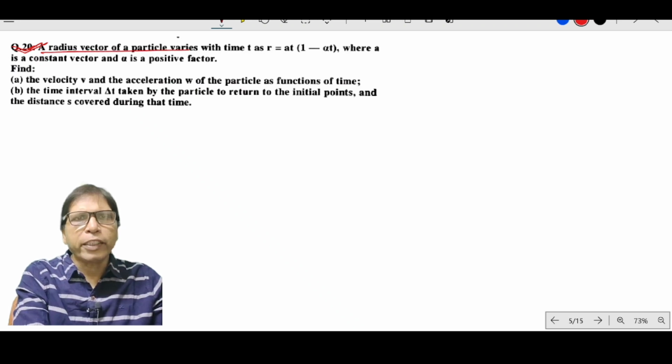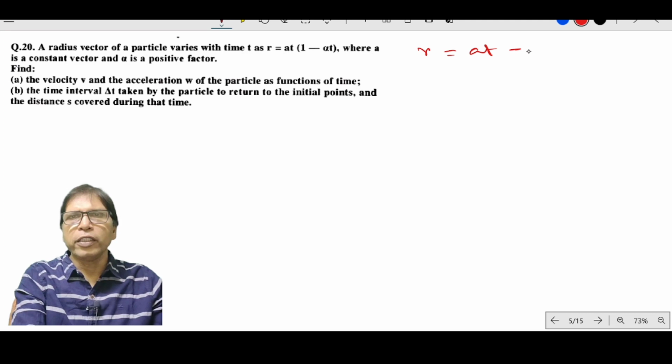The radius vector of a particle varies as r equals this, where a is a constant and alpha is a positive factor. Find the velocity v and acceleration w of the particle as a function of time. Here position r equals at minus a alpha t square.